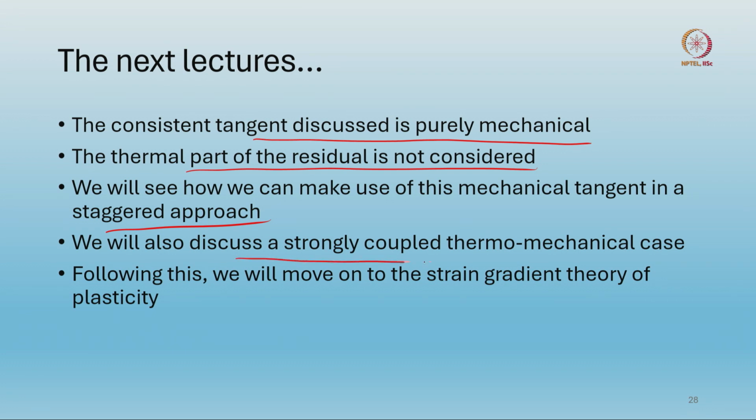This staggered approach will work if the coupling is weak. If there is a case for very strong coupling of the thermal and the mechanical parts, then we need a strongly coupled thermomechanical system. We will discuss the derivation of this thermomechanical tangent stiffness and the consistent material tangent information in the next lecture.